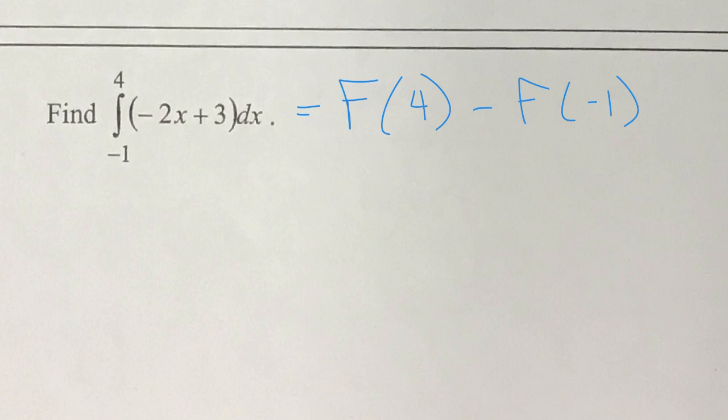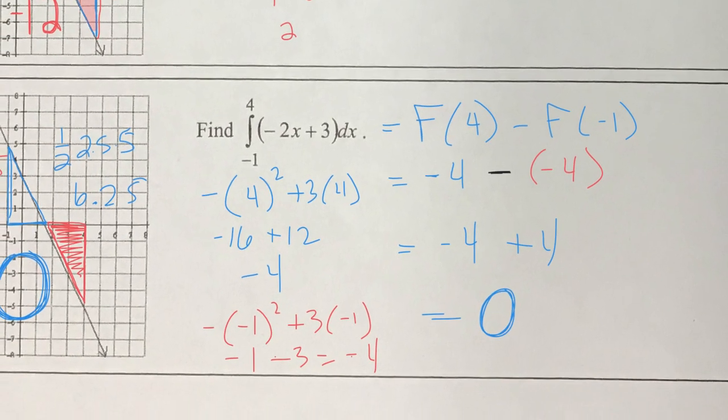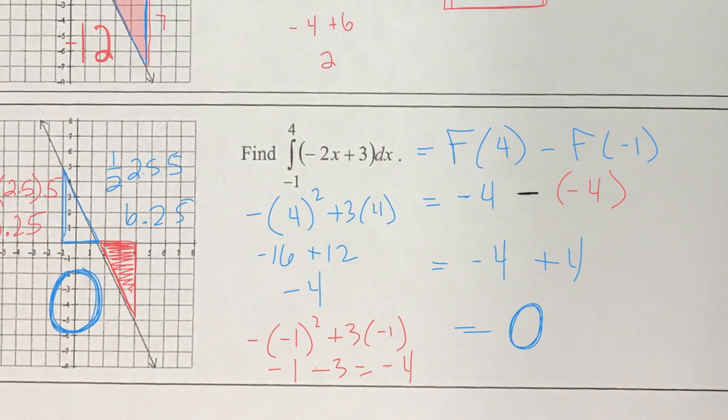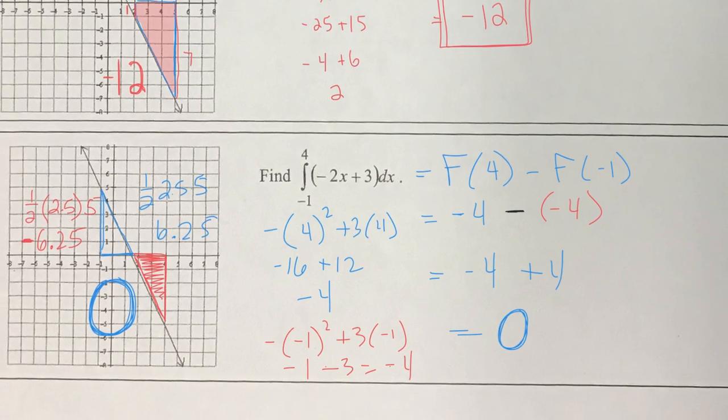And let's see what we get. Okay, sure enough, our algebra verifies what we got graphically, that the area between negative 1 and positive 4 has a net of 0.